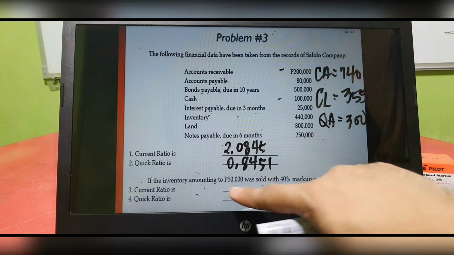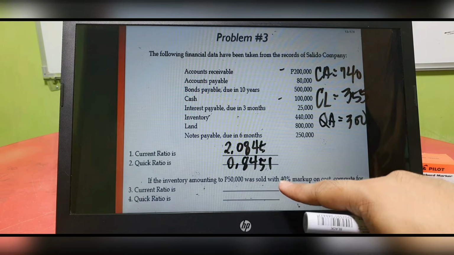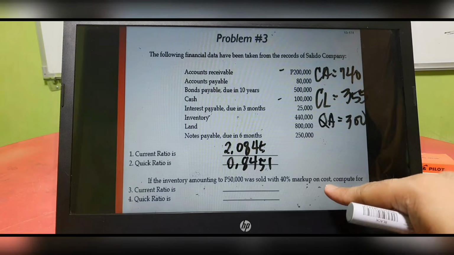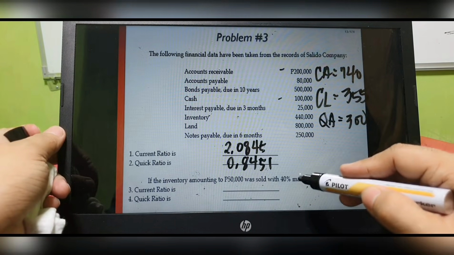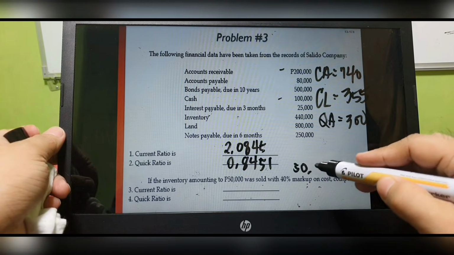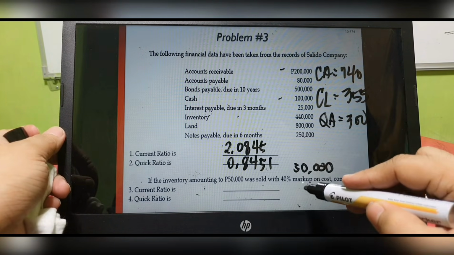If the inventory amounting to 50,000 was sold with 40% markup on cost, compute for the current ratio. So, ang inventory natin, mababawasan ng 50,000. Affected ba yung current assets? Yes. Affected ba yung quick assets? Tingnan natin. Magkano inventory? 50,000. Magkano yung cash natin?